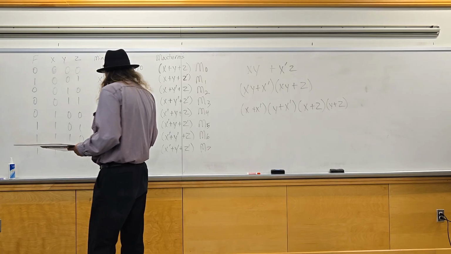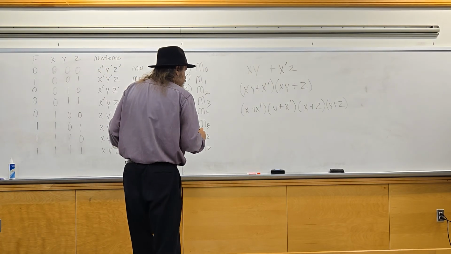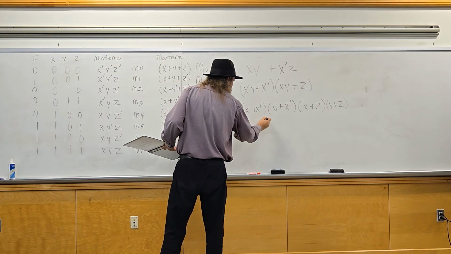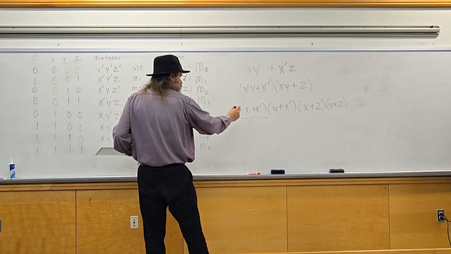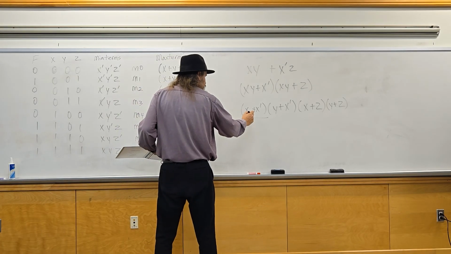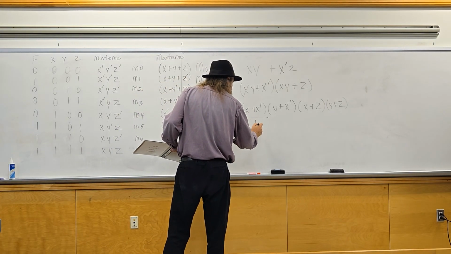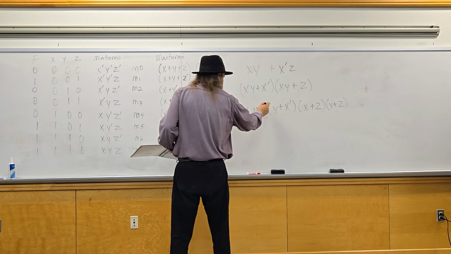Doing the distributive law again, you'll notice this term here is a value ORed with its complement, so that's going to be a 1. So that just cancels out.